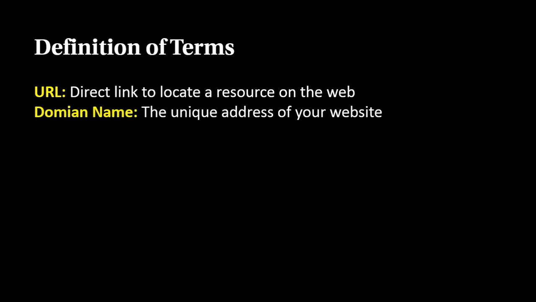Okay. The next one is called domain name. What is a domain name? A domain name is the unique address of your site. It's like having a telephone number. If you don't put in the right phone number, you can't really contact me; you'll be contacting someone else.